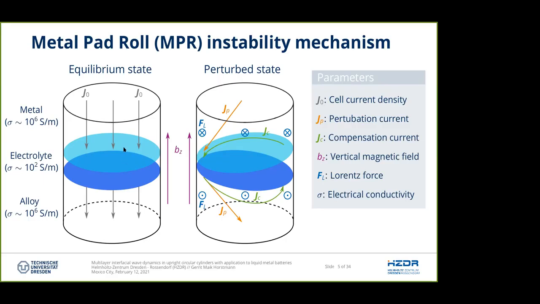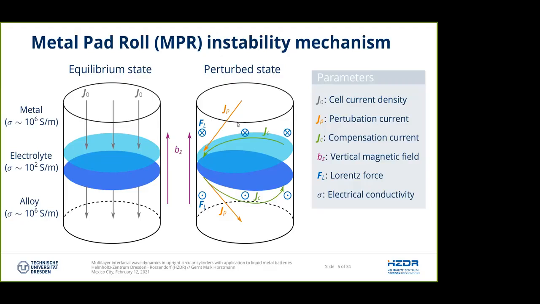This is a situation which makes no Lorentz force at first glance. So it's the most idealized situation, but even this setup is inherently unstable, because in the battery, the electrolyte layer has orders of magnitude lower electrical conductivity than the liquid metals. So due to this reason, many things happen if one or both of the interfaces are somehow displaced.